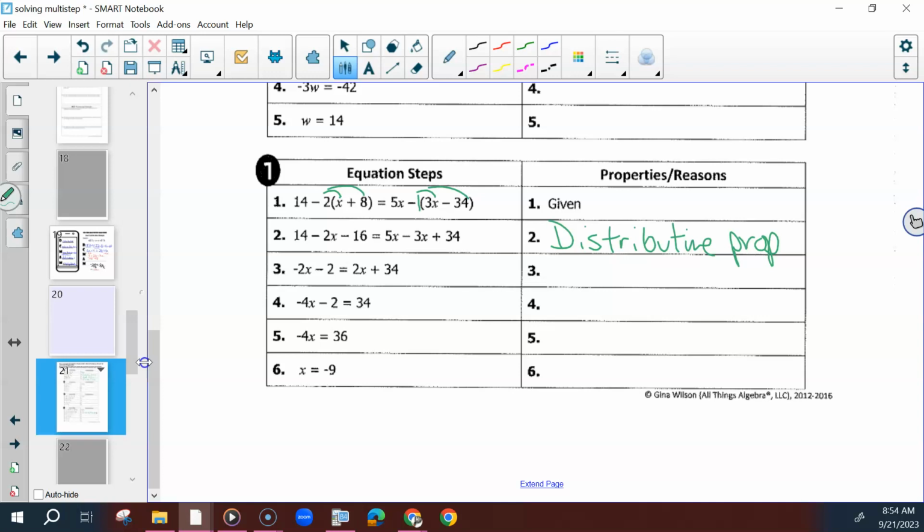Step 2 to step 3. Combine terms. Because we had 3 terms, now we have 2, so they combined the 14 minus 16 and the 5x minus 3x.